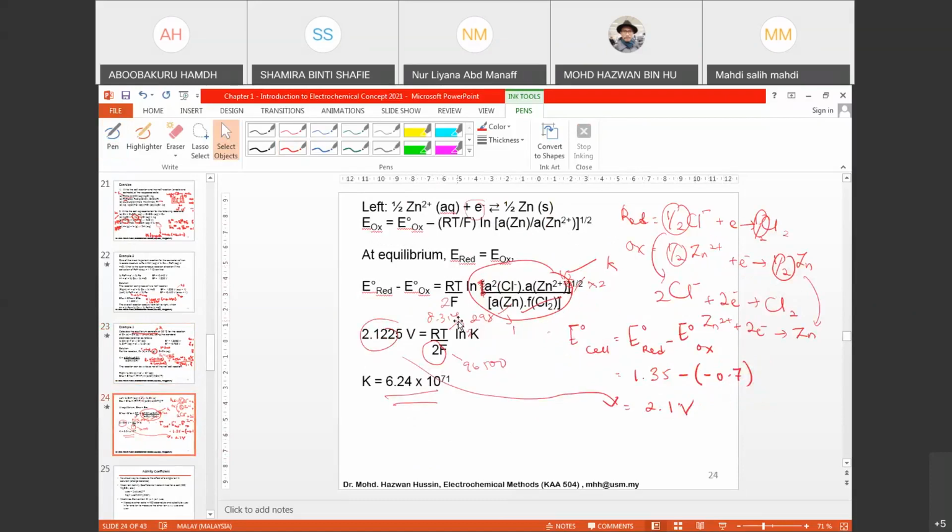Just to let you know that when you use this, for example, 2 chloride ions with 2 electrons giving Cl2, the number of electrons involved is equal to 2, and in the Nernst equation, you know that it's RT over NF, and the N value that you will use over here is equal to 2, so you will substitute it with 2.